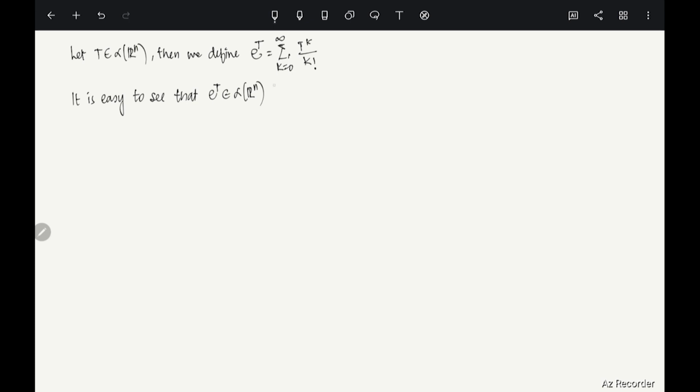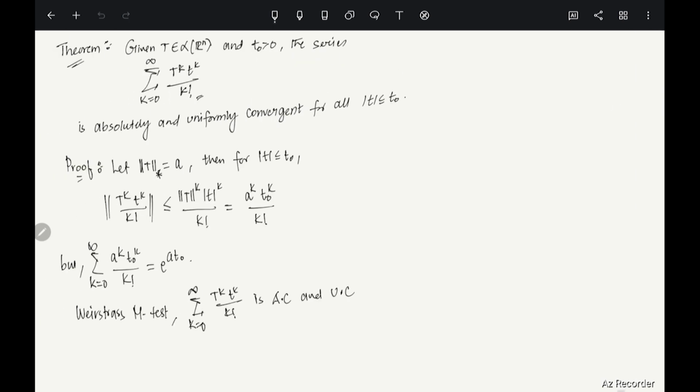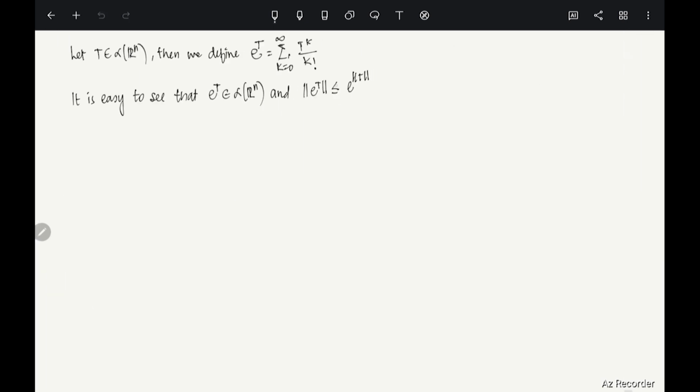Of course, this is also true: the norm of e power t is dominated by e power norm of t. You see, this is what we proved here. Clear? So that's what I wrote. Now I will explain why we are interested in the exponential of an operator, but this is very important, that's what I can say right now.